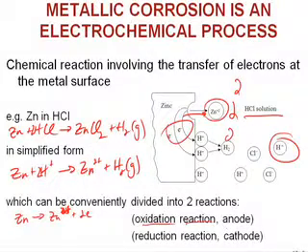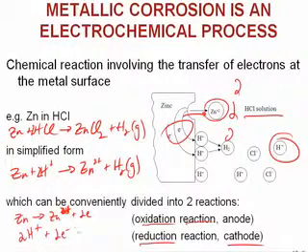However, that reaction can't occur by itself. These electrons that are released by that reaction have to be consumed by a reduction reaction. Okay? That's at the cathode. The reduction reaction at the cathode would be the other part of this, the 2H+ reacting with those two electrons to form hydrogen gas. Okay?